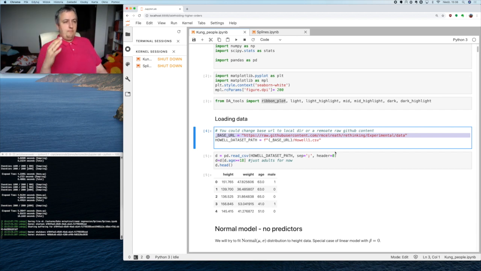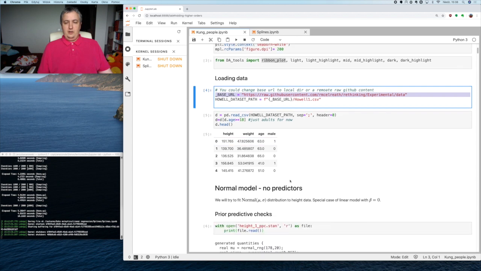And to make our modeling problem easier to see certain aspects, we'll just focus on the adult population of Kang people, because we can assume that there will not be as much variance in the heights, which would certainly be age dependent.